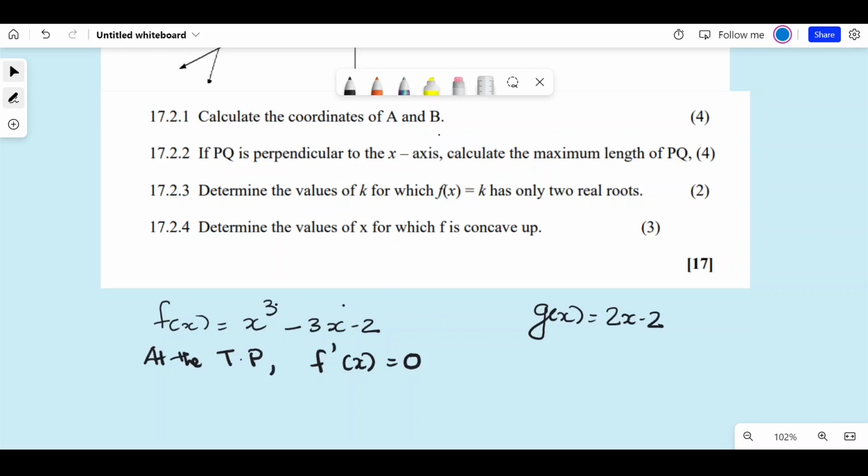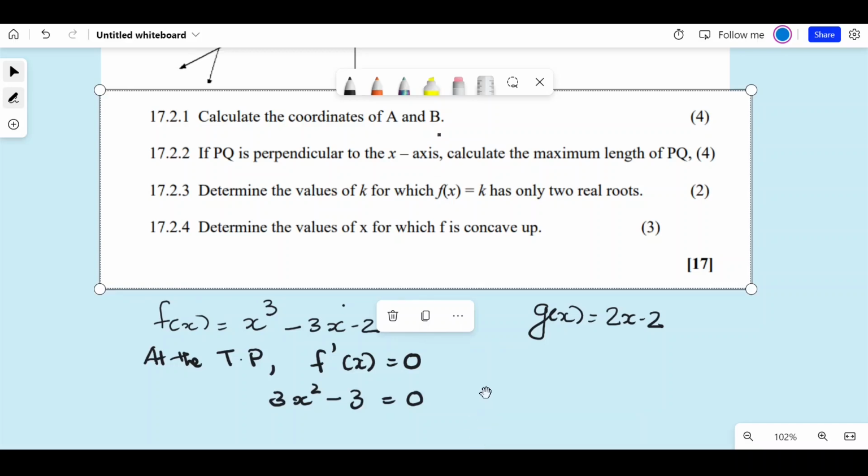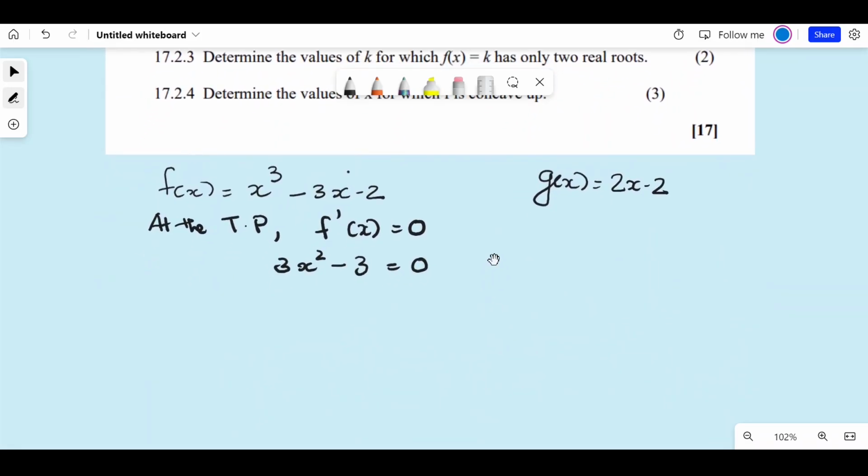What is the derivative of x cube minus 3x minus 2? Using the rules of differentiation, it's going to be 3x square minus 3 equal to 0. Now here you can use a simplification method. Either you take the common factor out.